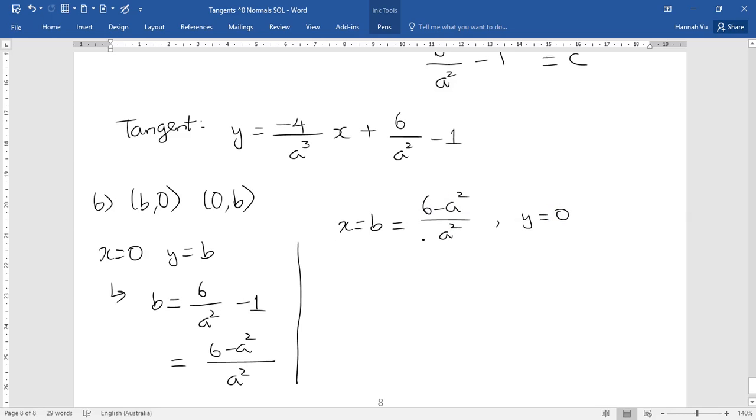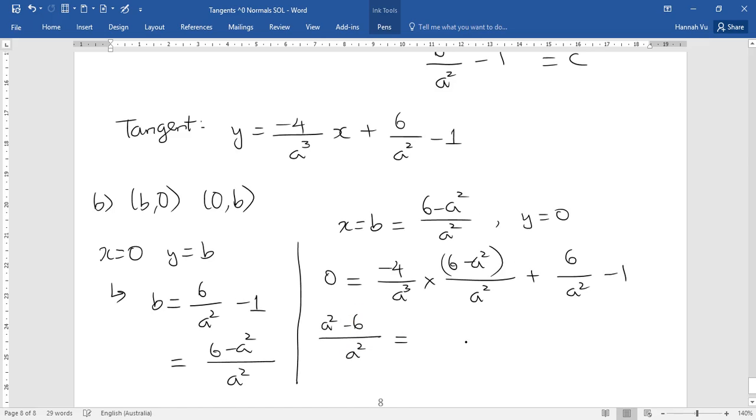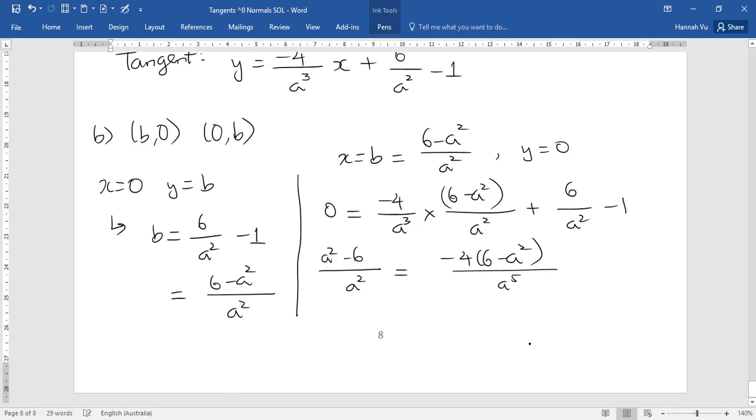So if you substitute these x and y values into the equation, you have 0 equals negative 4 over a cubed, multiplied by 6 minus a squared, let's throw in a bracket, times a squared, plus 6 over a squared minus 1. Let's move this to this side. I have a squared minus 6 over a squared equals negative 4 times 6 minus a squared, over a to the power of 5. This just keeps getting better.